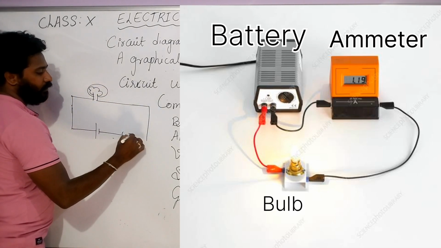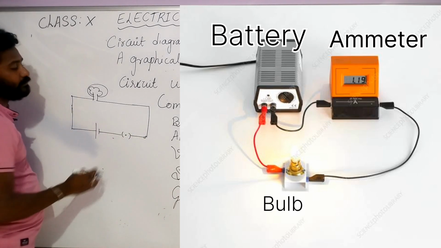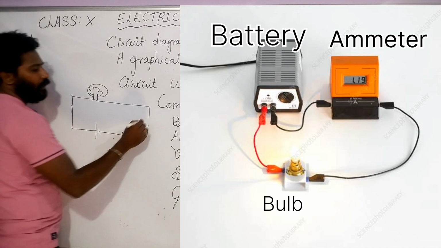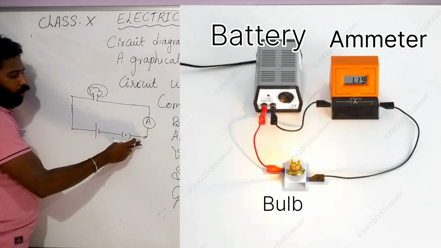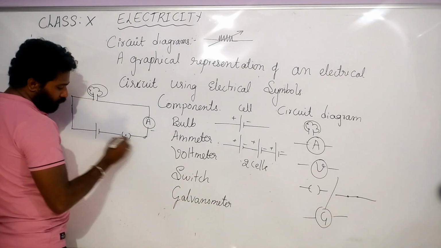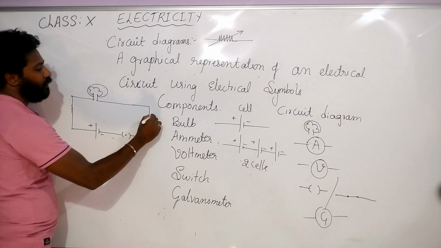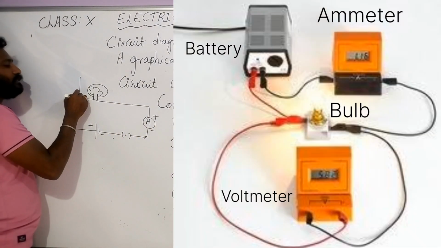The ammeter is connected in series connection, and you can connect the ammeter anywhere here, no problem. So here I am connecting it, I will put A. All these are wires. Here minus should be connected to the minus, and the plus should be connected to the plus.